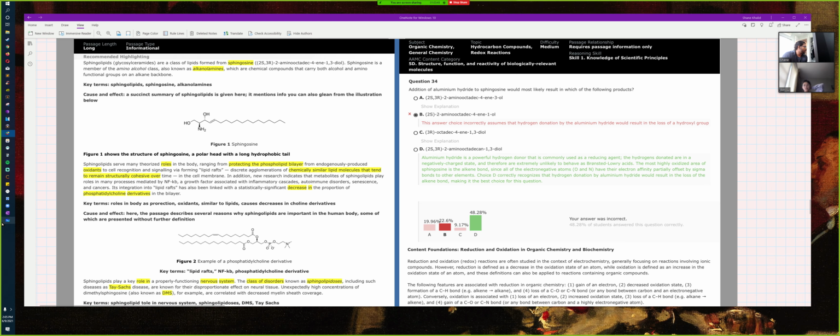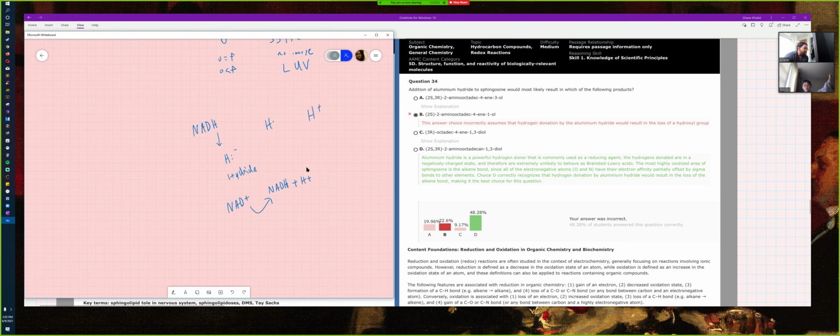I should also say that when this hydride is introduced, this doesn't stick around with the NADH. That proton is just given off. So hydrides are basically hydrogen donors that are used as reducing agents.